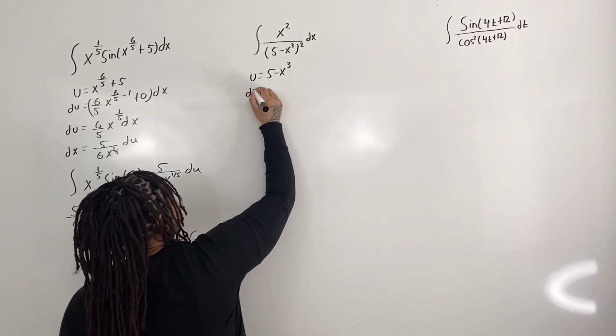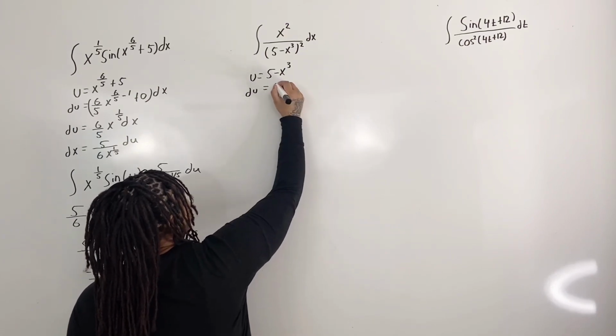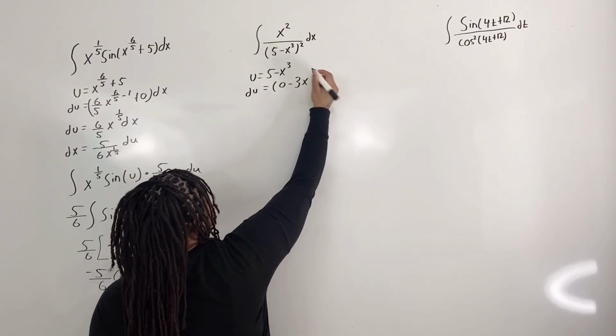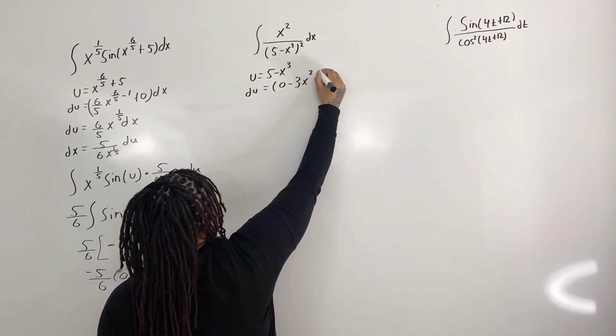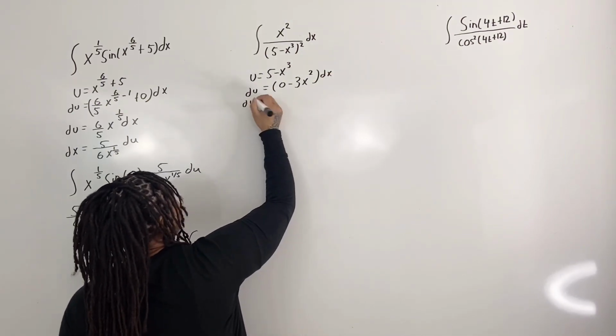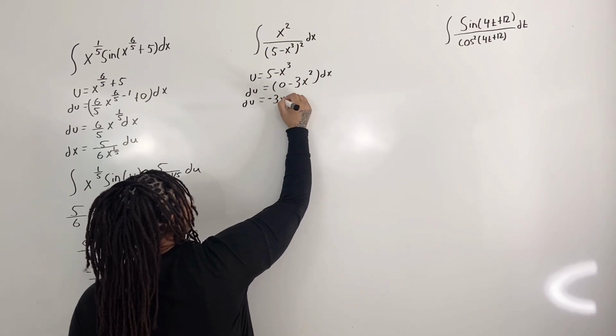Then du is equal to 0 minus 3x squared dx. So du is equal to negative 3x squared dx.